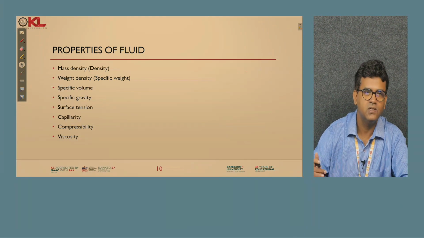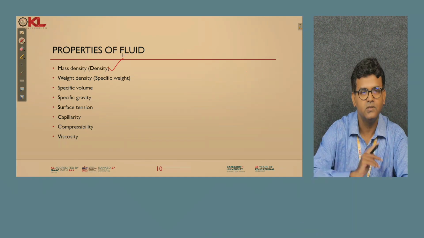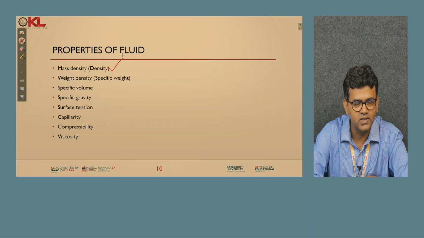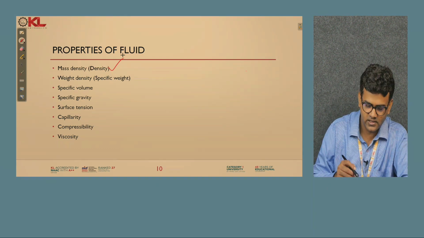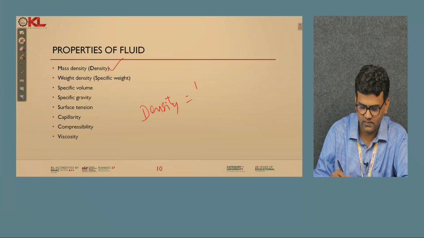So the first one we are going to discuss is mass density, also called the density. What is mass density? How can we define the mass density? Simply, it is called the density or the mass density, that is, the mass upon volume.